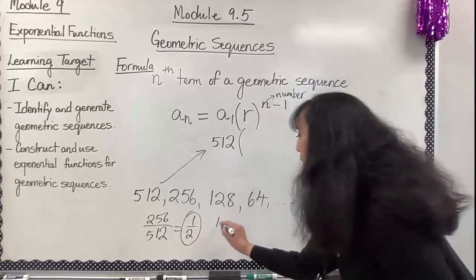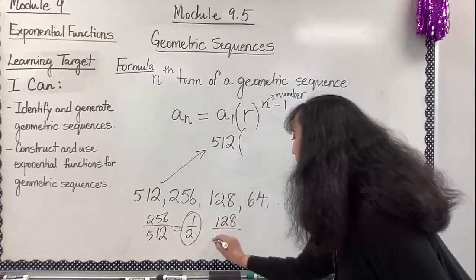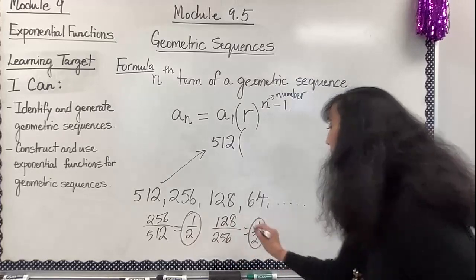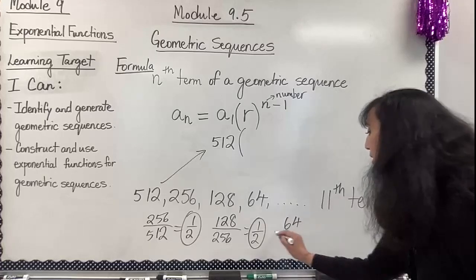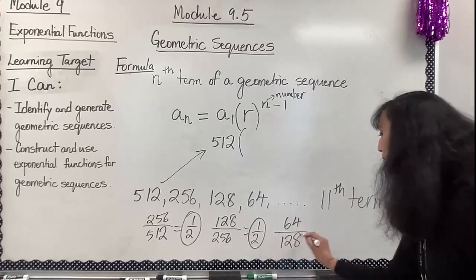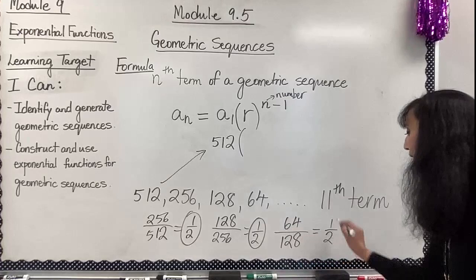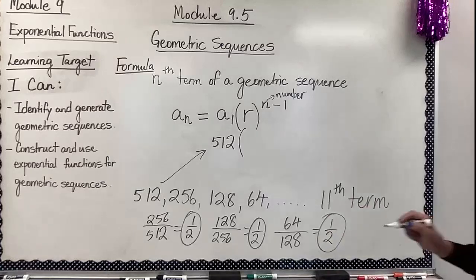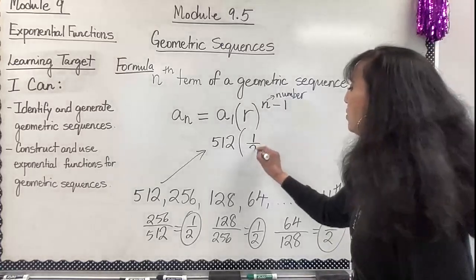If I take 128 and divide by 256, I get 1/2. If I take 64 and divide by 128, I get 1/2. So this 1/2 is my common ratio, and we are going to use it to find the 11th term.